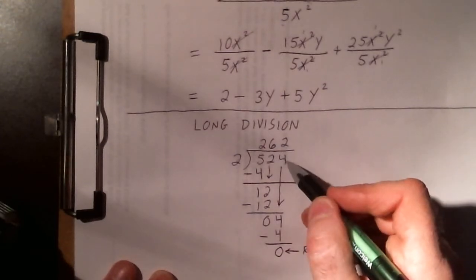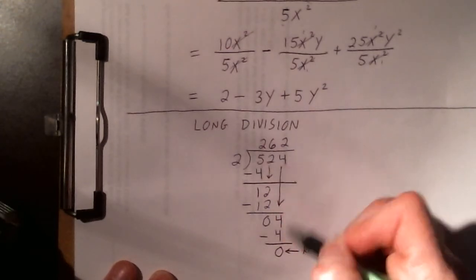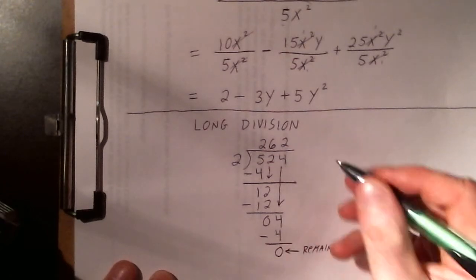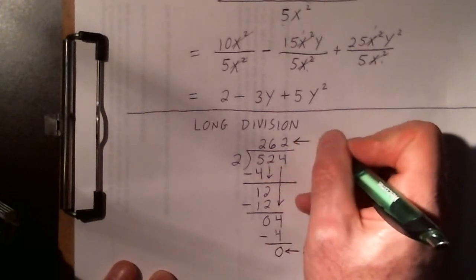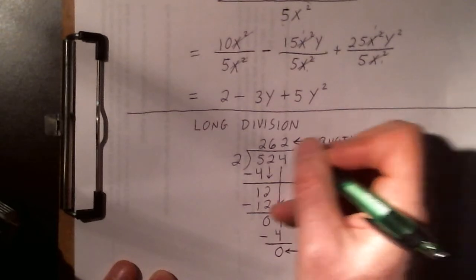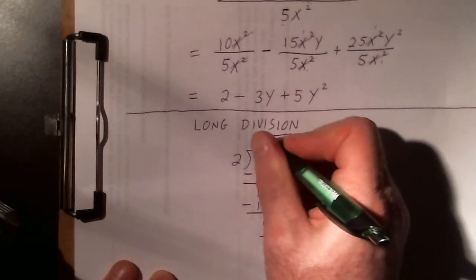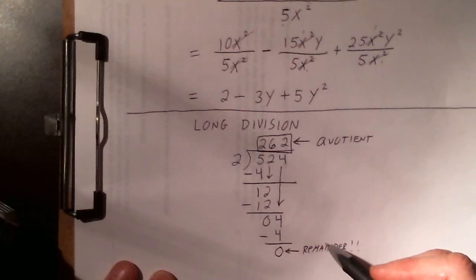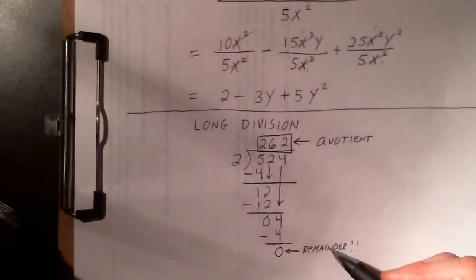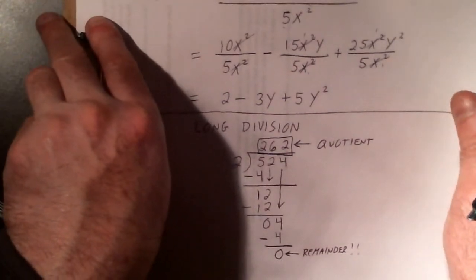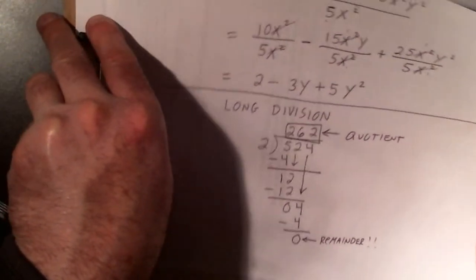There's nothing else in the dividend here to bring down to proceed with further division. So your answer to this problem is your quotient, and that's up here. This is your quotient. This long division algorithm with whole numbers is going to be the same type of algorithm that we use to divide a polynomial by a binomial or more termed polynomial divisor.